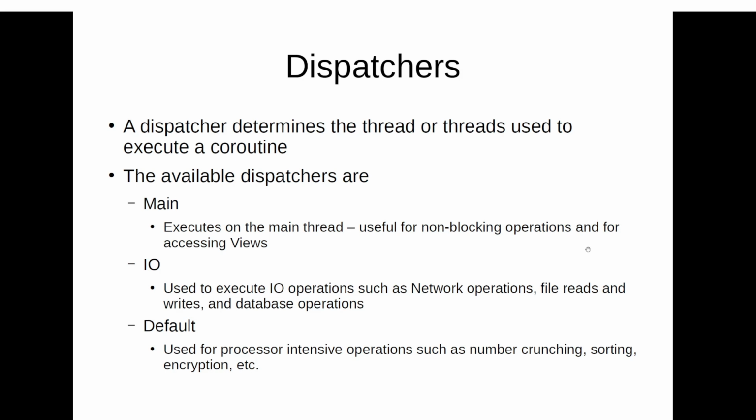The main dispatcher is useful when you are executing non-blocking operations and when you need to access view elements. A non-blocking operation is an operation that is either quickly executing or asynchronous in its execution. That is, it will not pause and wait for the return of a function. It will simply continue executing the rest of your statements.